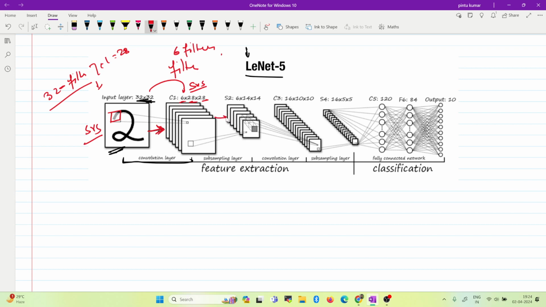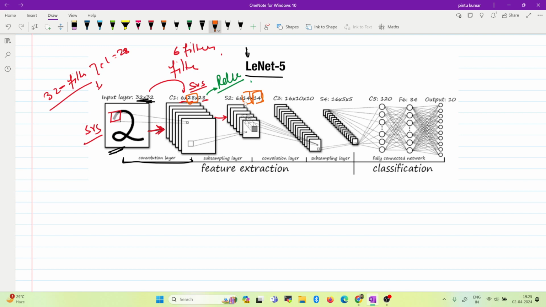Then you can apply ReLU before you do subsampling. If you apply ReLU before or after subsampling, it won't make a lot of difference, because if you are taking max subsampling, that shouldn't matter much. Then they have done subsampling. That's why this 28 size is reduced to 14 cross 14.